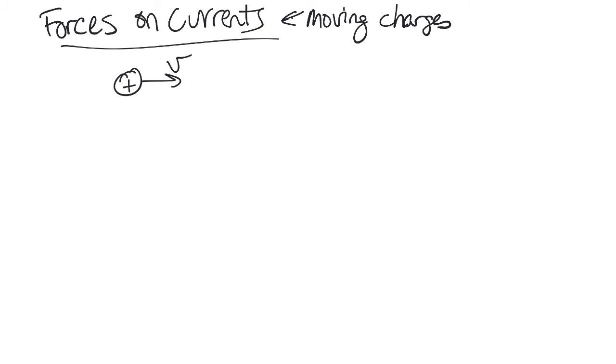Okay, the other thing I wanted to talk about today, which I didn't get to, is forces on currents. All currents are moving charges, right? And so you shouldn't be surprised that there's a magnetic force. If I think about a charge and it's moving, you can equivalently think about it as the conventional current that way, right? So if we actually want to calculate this, the V is the distance over time, right?